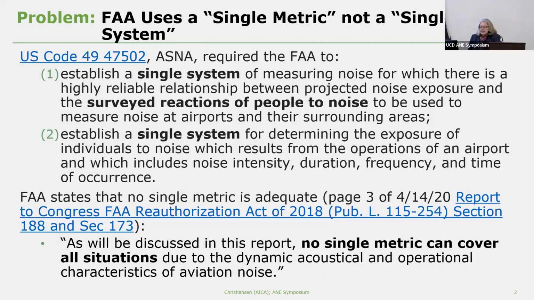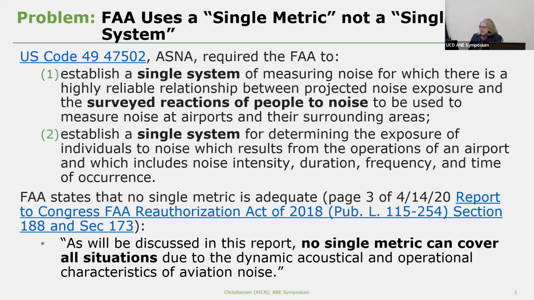Starting with ASNA, ASNA requires the FAA to establish a single system of measuring noise that's based on surveyed reactions of people to noise. Again, the second element of that was focused on a single system.